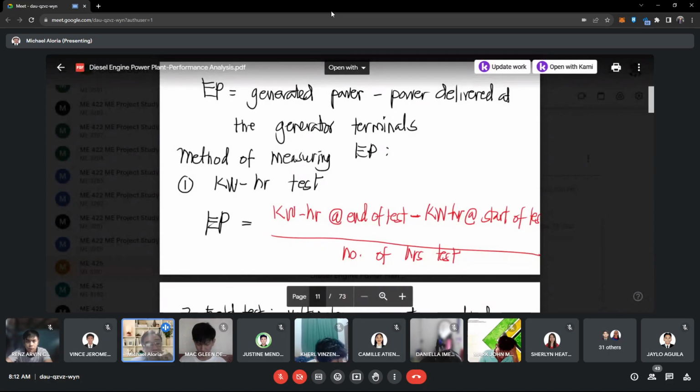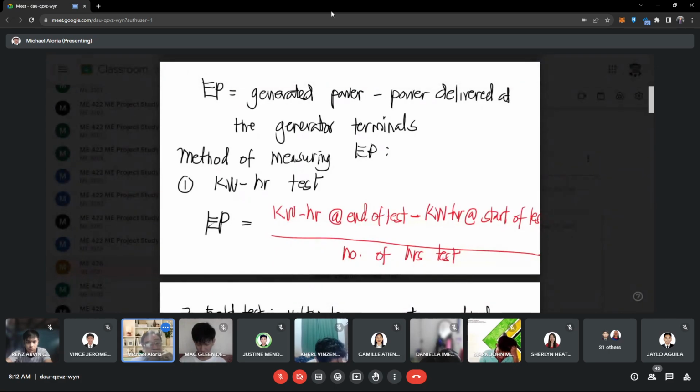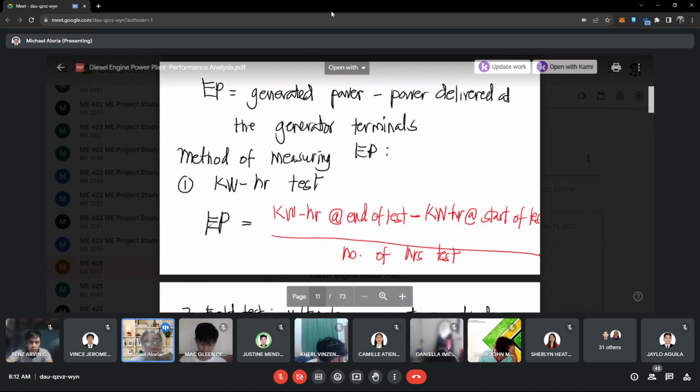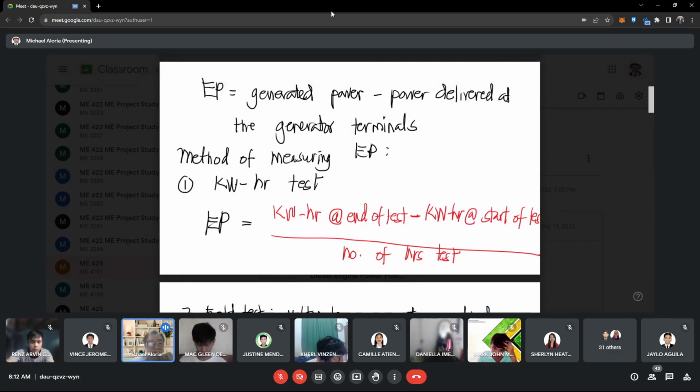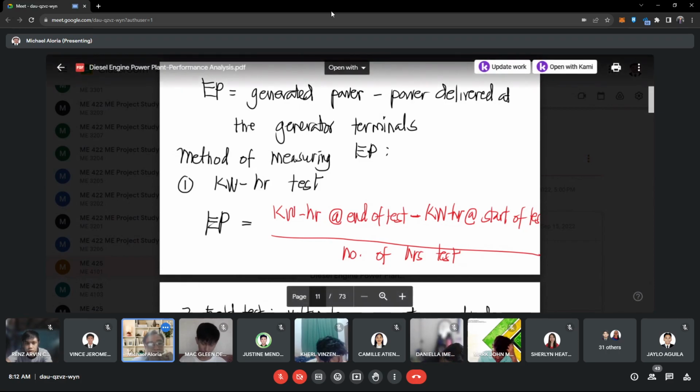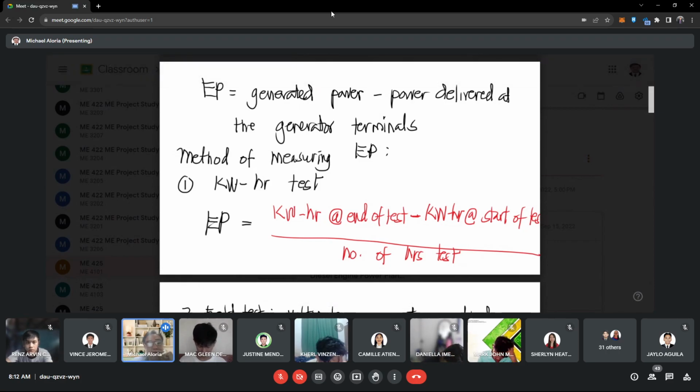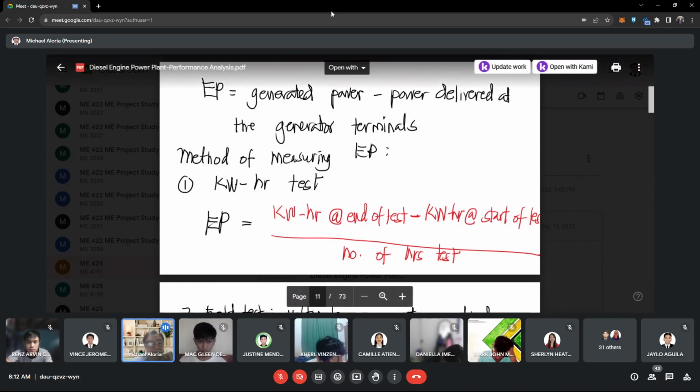Okay? We can measure your EP. So it could be in kilowatt hour or it could be in megawatt hour minus megawatt hour over number of hours. So your EP is in megawatt. So yun yung ating first method. We can conduct a kilowatt hour test. We measure at the start, we measure at the end, and then we divide by the number of hours.